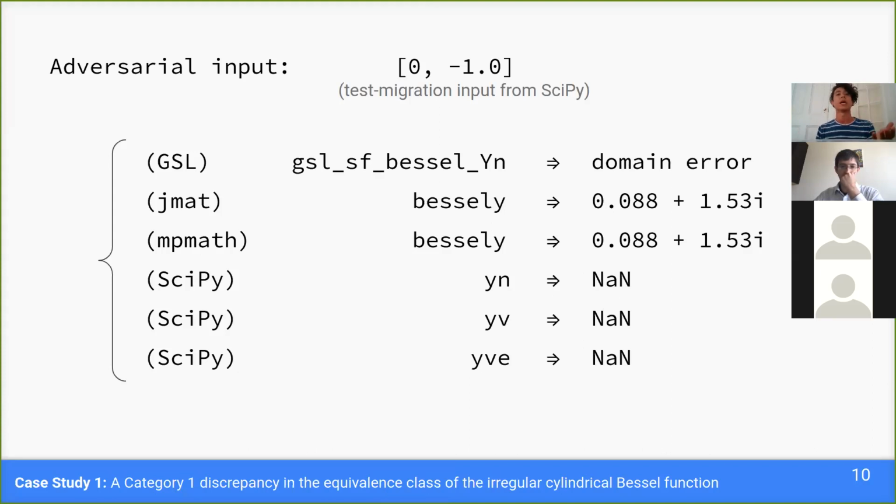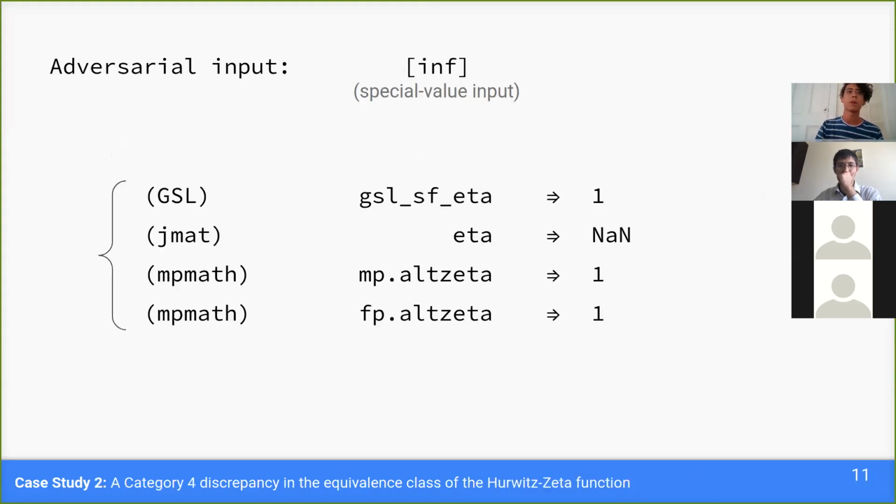So here we see a test migration input from SciPy, and as a result, GSL and SciPy show that they're not supporting this particular portion of the domain, and the NaN and the domain error are documented in the documentation. But JMAT and MPMath do support it, and they return a complex number. So not a bug, but illustrative of different choices made by library developers.